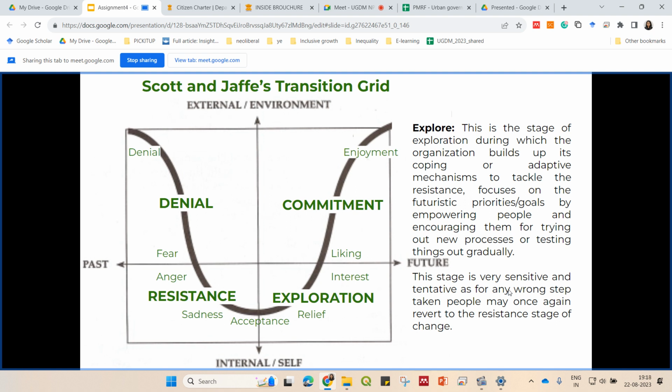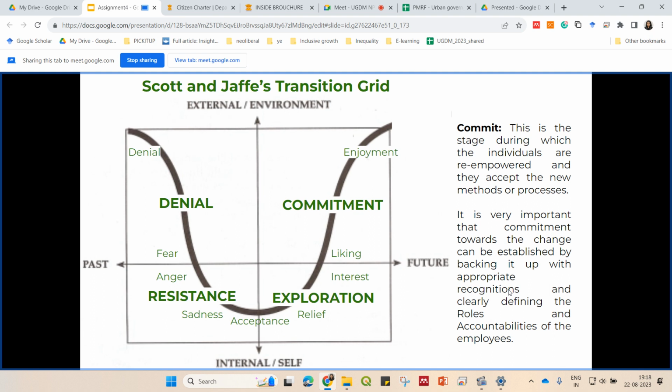So, with these explorations, there comes interest in the individuals, and with interest there comes liking towards the reform that has occurred. And from this, they move on to the commitment stage. This is the stage during which individuals are re-empowered. So maybe the capacities or interests which they might not have had in the beginning, they are made aware of their interests or the opportunities that they might exploit.